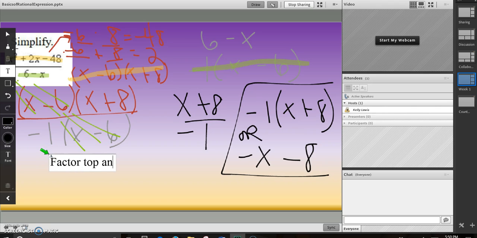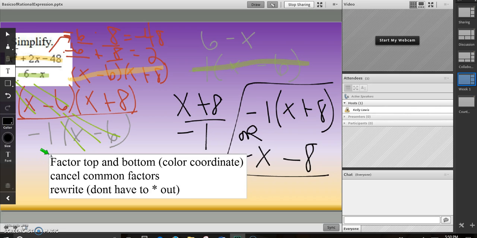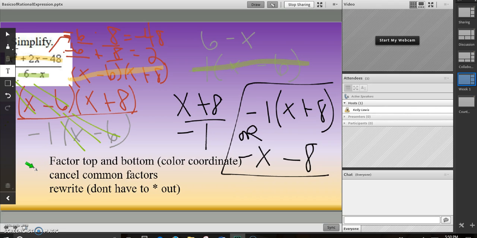Factor top and bottom, I recommend color coordinate, and cancel common factors. You'll have at least one, and then rewrite. You don't have to multiply out. If you want steps, there are some steps. Maybe pause the video if you want to write the steps down.